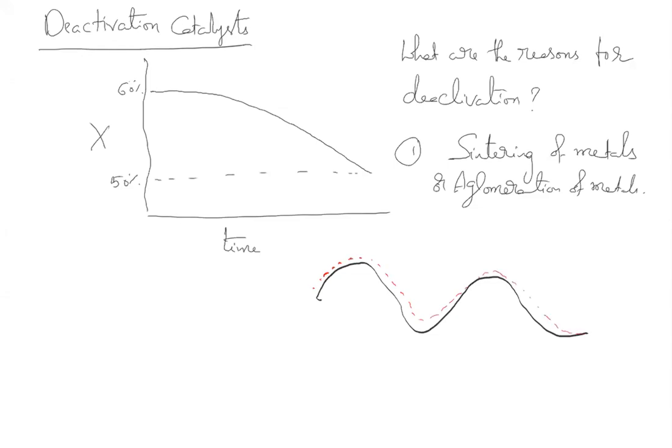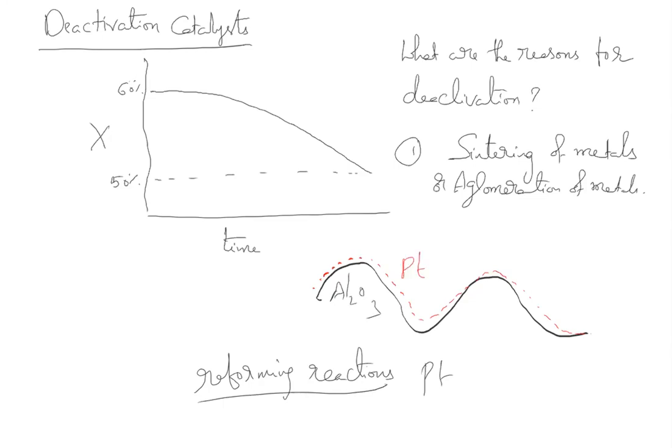Let's say you take reforming reactions, where platinum is the catalyst. You have a support such as Al2O3, and on top of this, platinum is dispersed, something like this. This is how it is dispersed on a fresh catalyst.